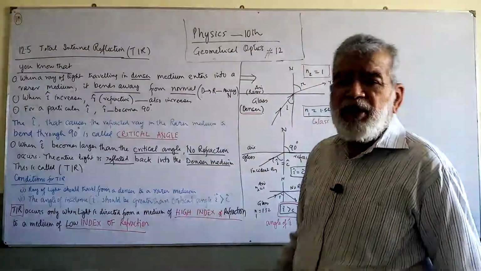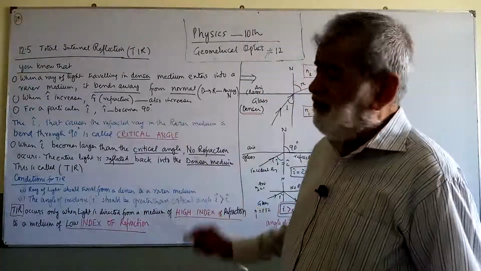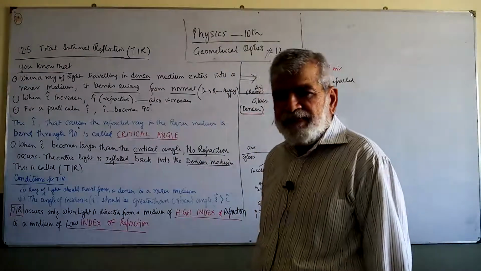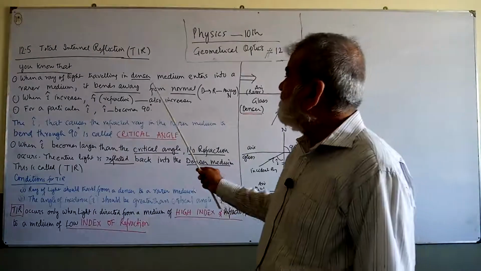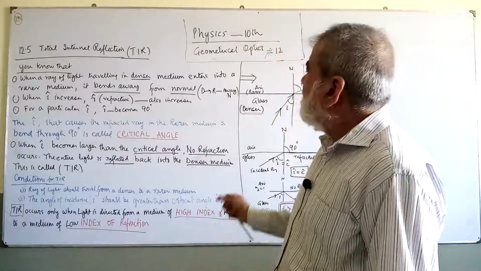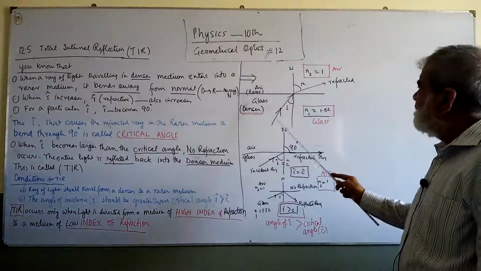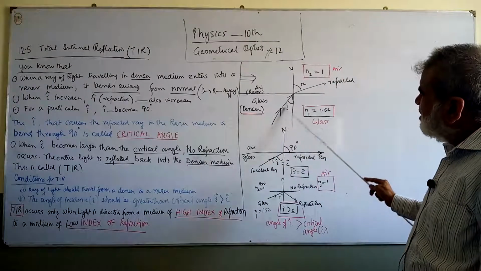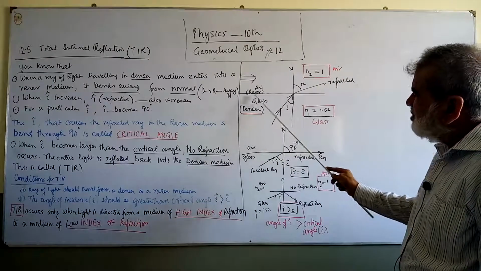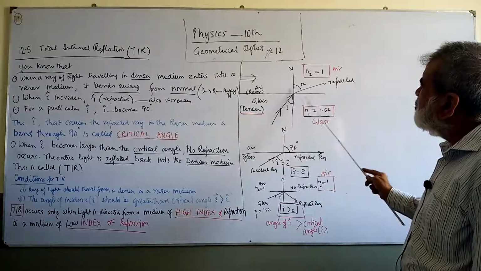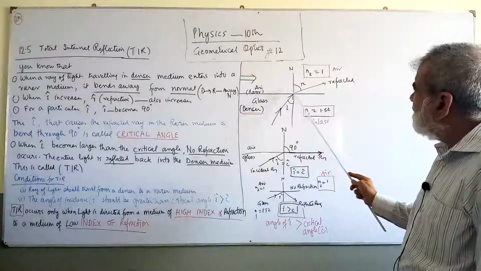Now total internal reflection is a phenomenon in which a ray of light, when it is traveling in a denser medium, enters into a rarer medium. This is an example of a ray of light which is traveling in a denser medium, say glass, and it enters into a rarer medium which is air.